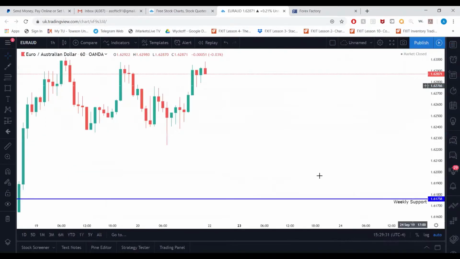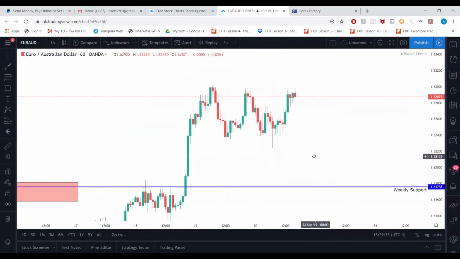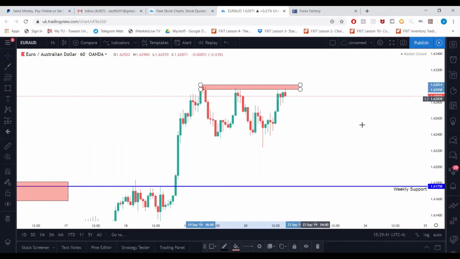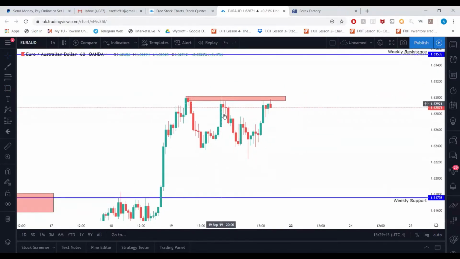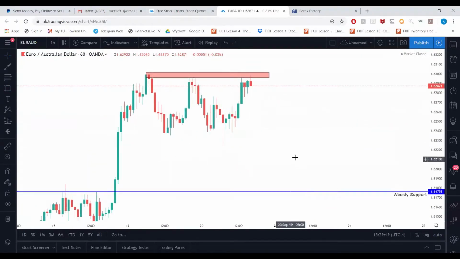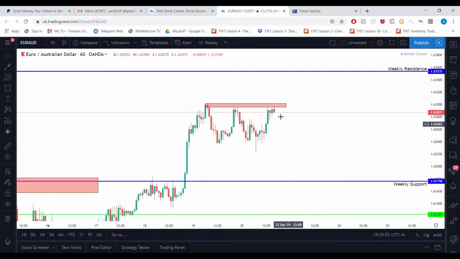So let's take a look at Euro AUD. Oh, I like this. So mark the zone. It's a liquidity zone. You see, tested it 3 times. This can actually fall, and it really makes sense to fall.